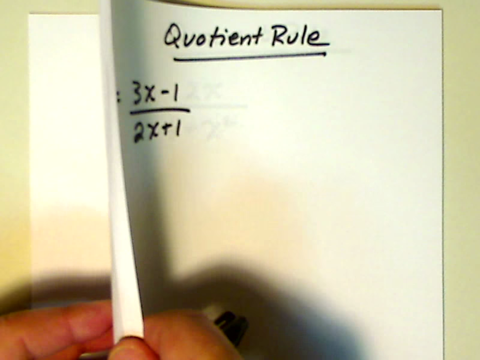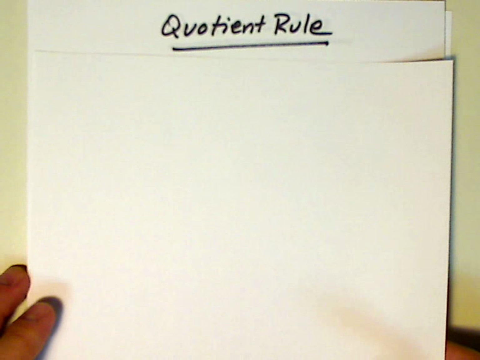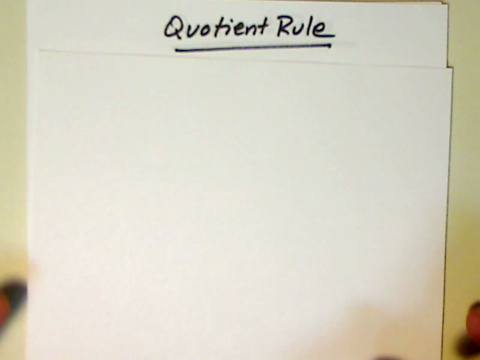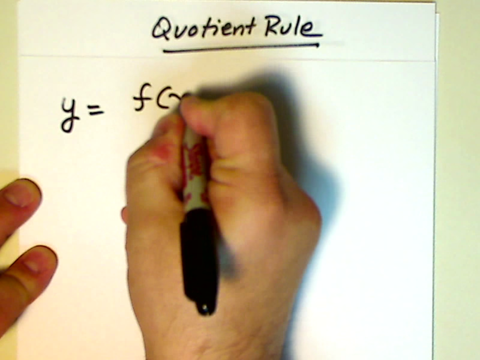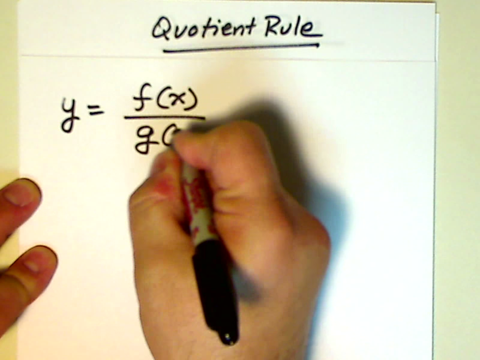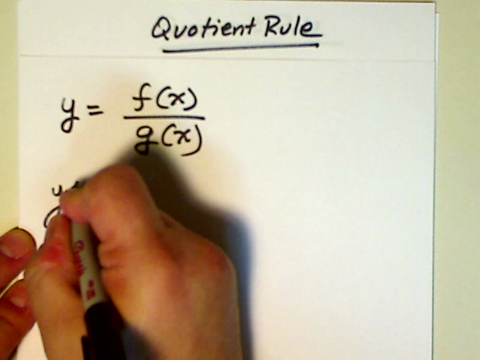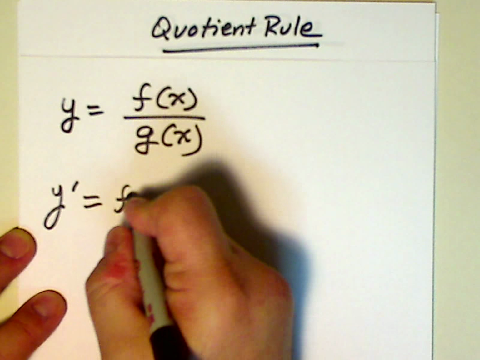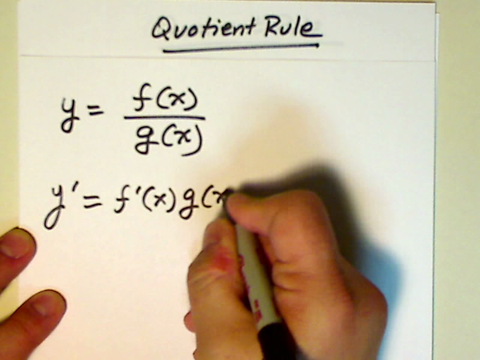So let me first start by actually showing you what the quotient rule is. We start with a function f of x over g of x. If we want to differentiate this function, we're going to take the derivative of the numerator, which is f prime x, and multiply it by the denominator.